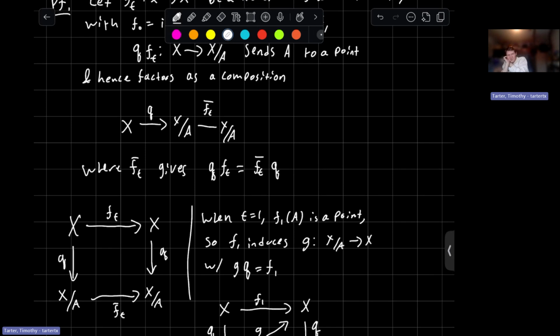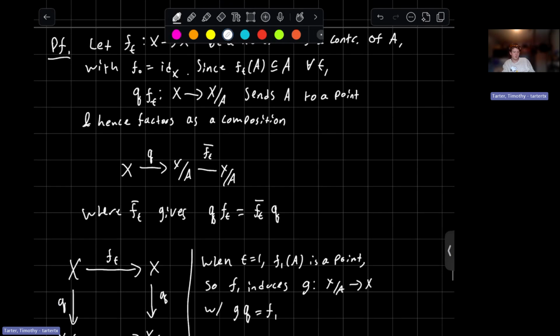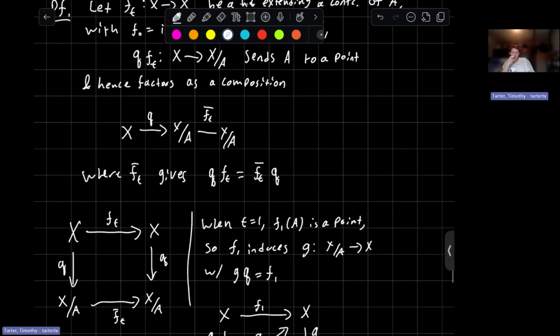X goes to X mod A by q, which has f t bar.